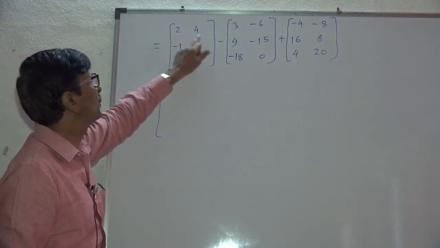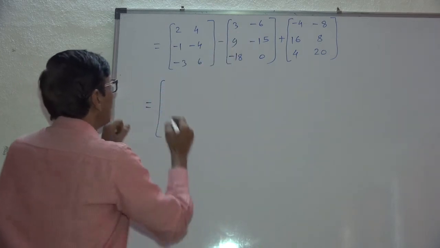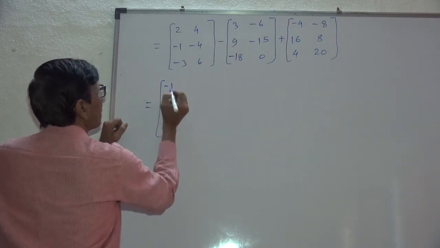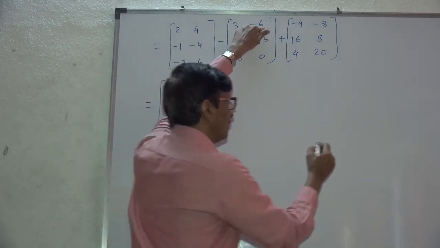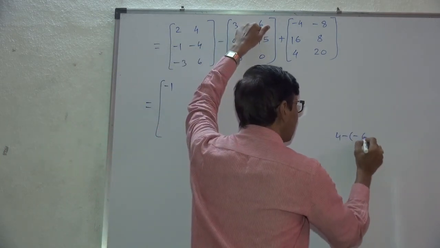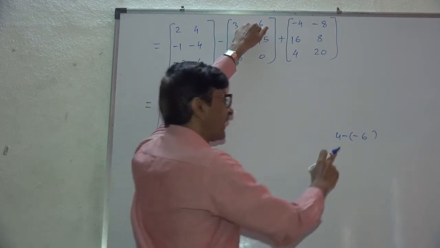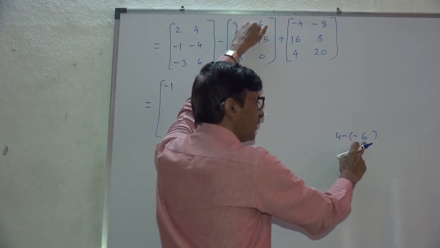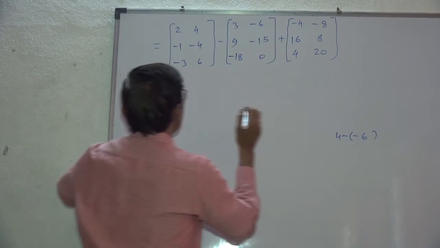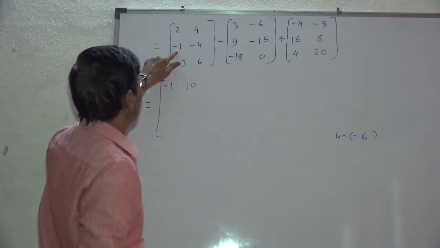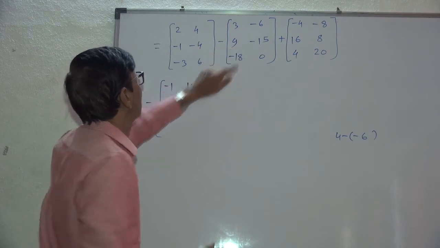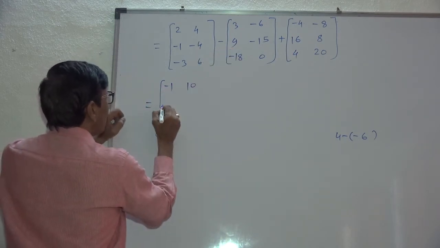Okay, so 2 minus 3 is minus 1. Okay, 4 minus of minus 6. If you open the bracket, negative of negative becomes positive. So 4 plus 6, that will be 10. Okay, minus 1 minus 9, same sign, so it is minus 10.